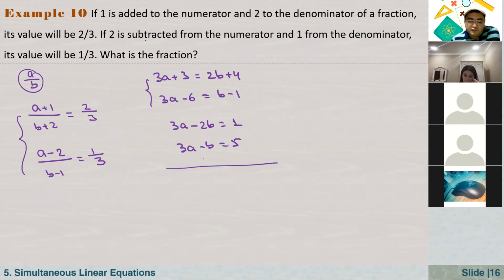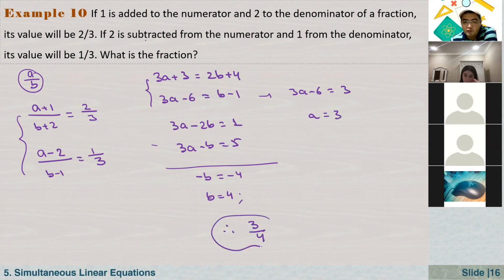So if you subtract the second equation from the first one, 3a minus 3a is equal to 0, minus 2b minus b, that's equal to minus b, 1 minus 5, that's equal to minus 4. What is b? b equals 4. If b equals 4, let me substitute here, 3a minus 6 equals 3. What is a? a equals 9 over 3, it is 3. So our original fraction is 3 over 4.